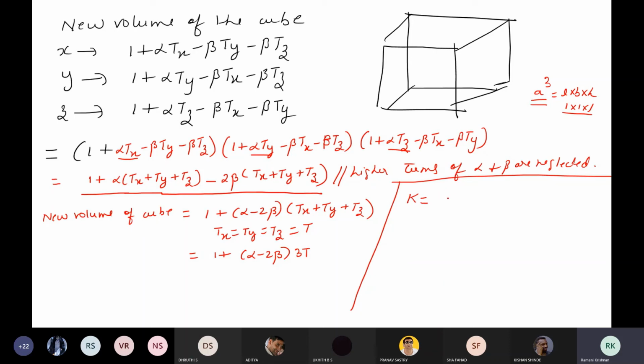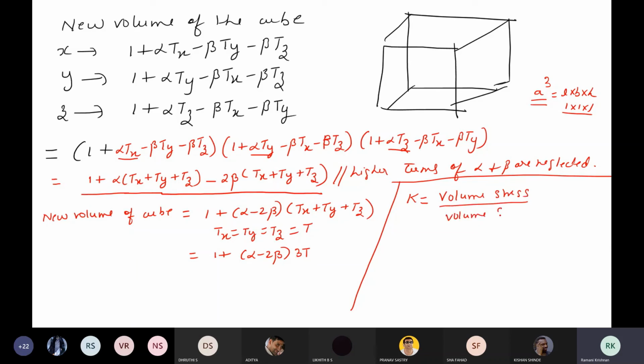K is defined as, tell me, what is the bulk modulus definition? Young's modulus was longitudinal stress by longitudinal strain. What is the definition for bulk modulus? It is volume stress by volume strain.